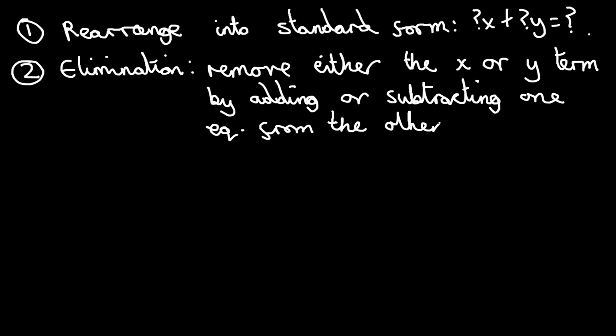If they have different coefficients in each of these terms, then you may need to multiply or divide one of the equations to satisfy that. We can then substitute the resulting value into one of the other equations to find our value of the other variable.